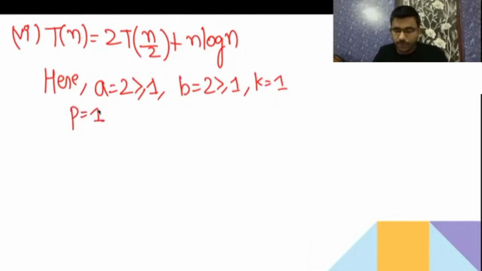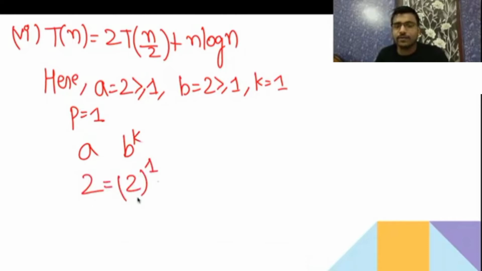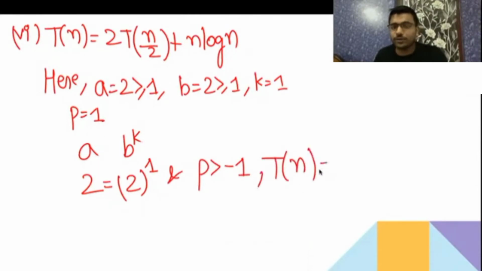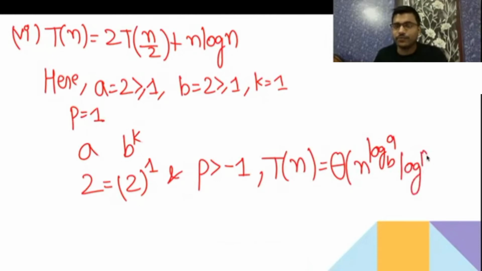Okay, I will say it is wrong. So you have to compare a, b to the power k. A is your 2, b is your 2, k is your 1. It is equal. A is equal to b to the power k, and p is greater than minus 1. Then Tn is going to be theta n to the power log a base b, log to the power p plus 1 n.